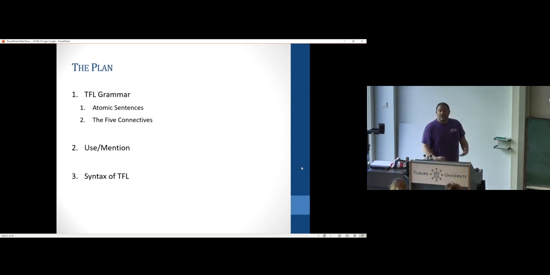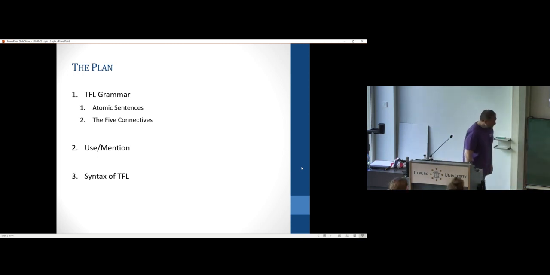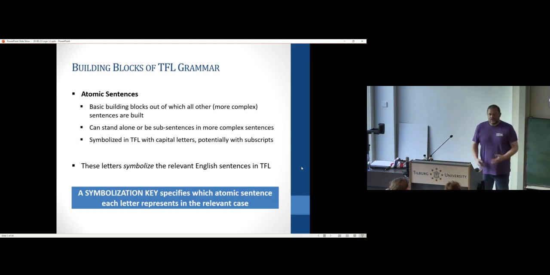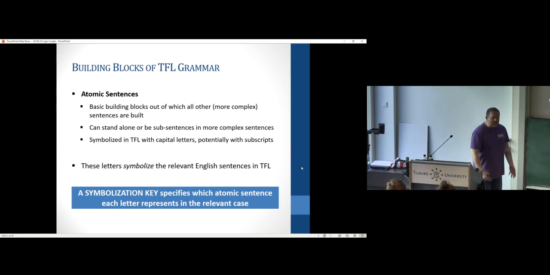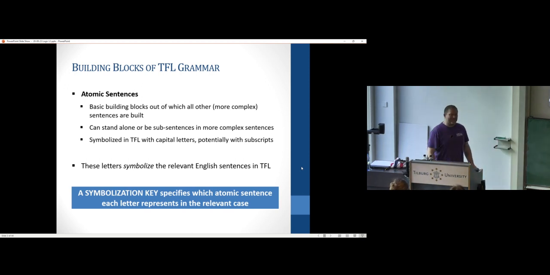Okay, so let's talk about TFL grammar. The place to start is the bit we ended the last lecture with, which is atomic sentences. Atomic sentences are the base unit of TFL. Every TFL sentence has to have at least one atomic sentence in it.